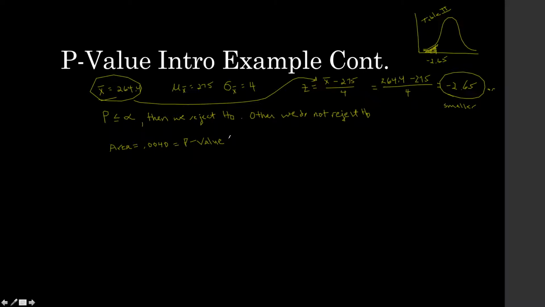So, if the p-value is less than the significance level. What was the significance level? In the problem, we were told the significance level was 5%. So is 0.004 less than or equal to 0.05?